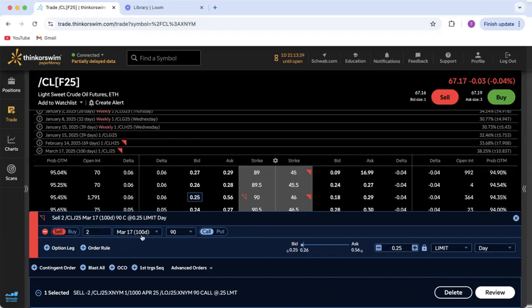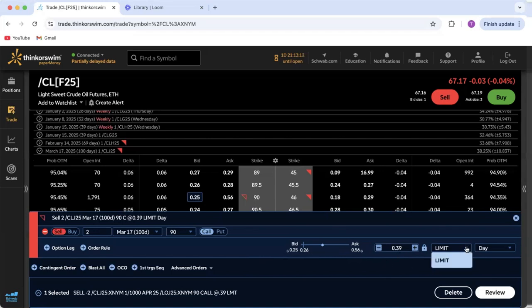It's expiration on March 17th, 100 days out, a 90 call. You can read across there. And then here's the bid. Here's the ask. I can change that price. If I don't think I want to do 25, 26 cents, I'm going to go up here at 39 cents. I can change that price.